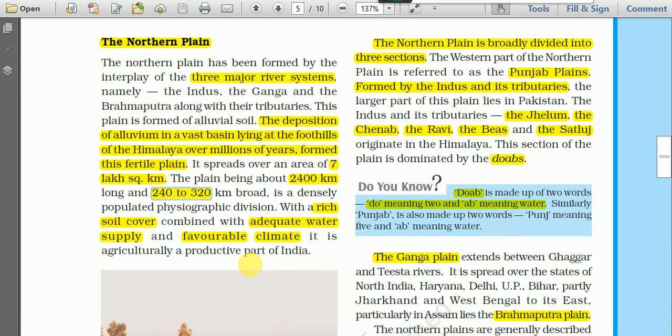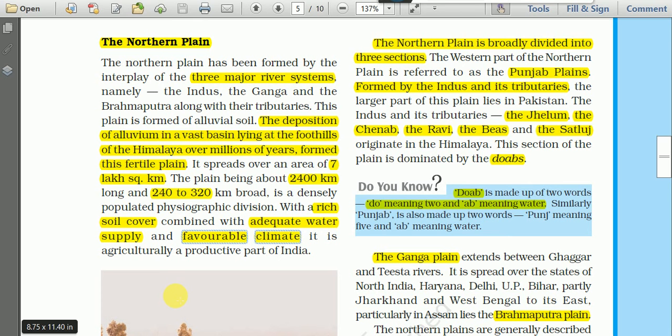With a rich soil cover combined with adequate water supply and a favorable climate, it is an agriculturally productive part of India. The soil of the northern plains is fertile. Alluvial soil is generally fertile, dark gray to ash gray in color. The soil you find in the plain areas is alluvial soil.